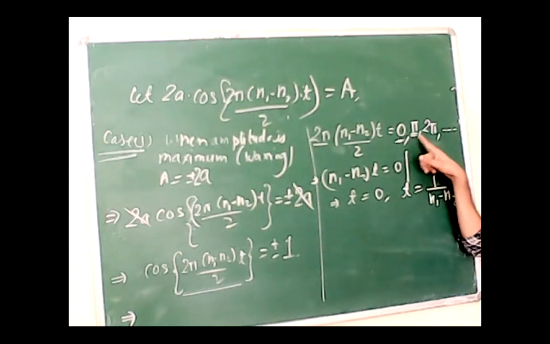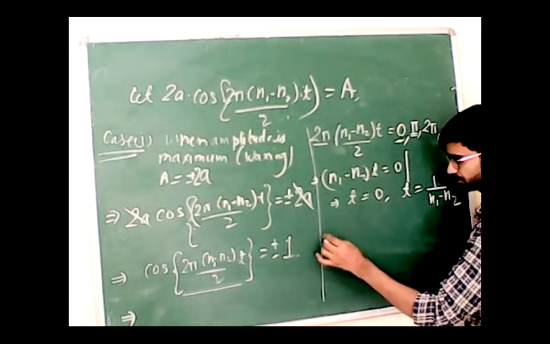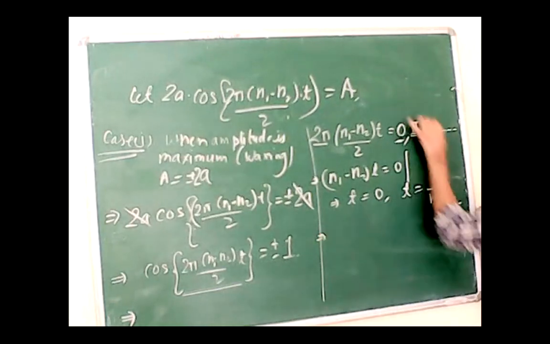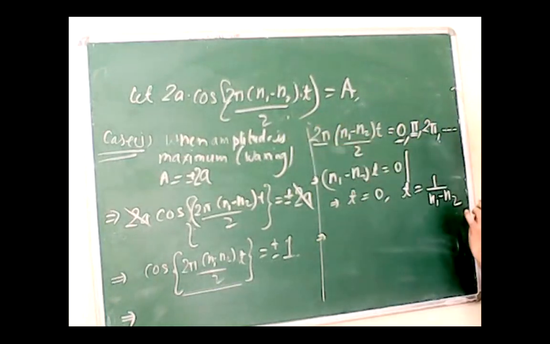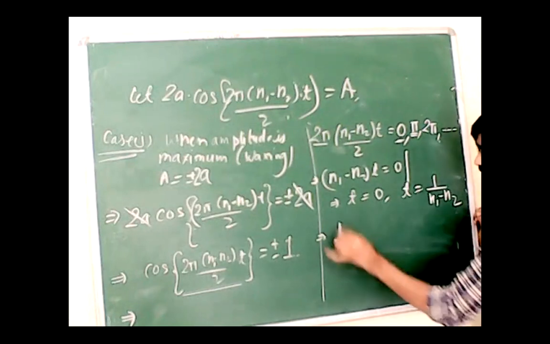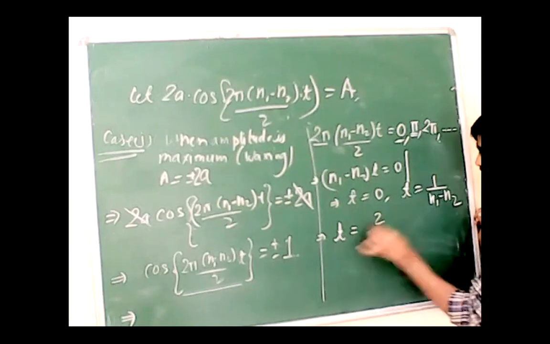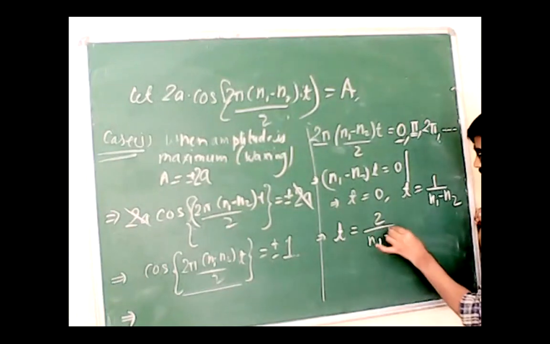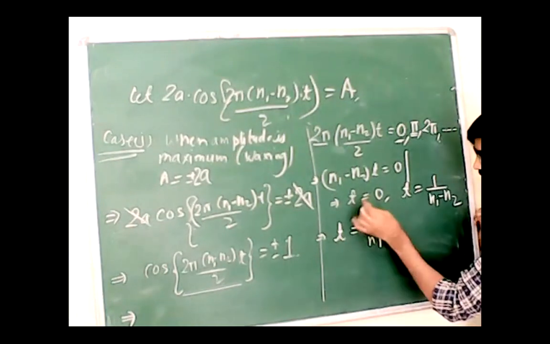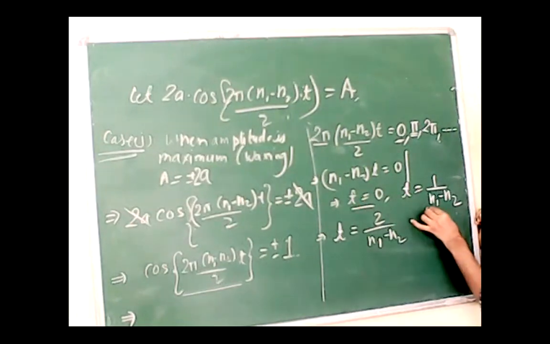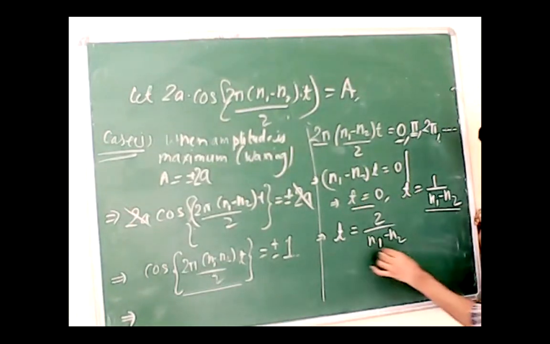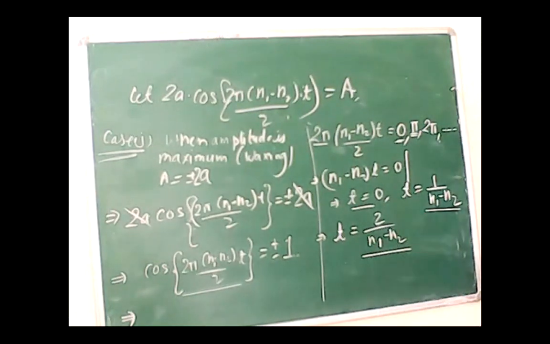And if you compare with 2 pi, this 2 pi gets cancelled, so the value of t would be equal to 2 divided by n1 minus n2. So the first is 0, next is 1 upon n1 minus n2, next then 2 divided by n1 minus n2.